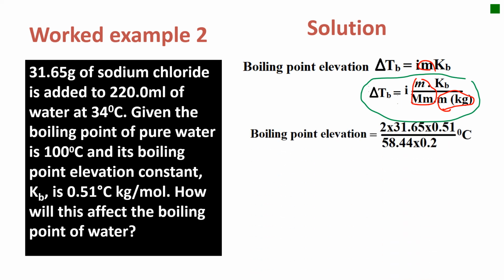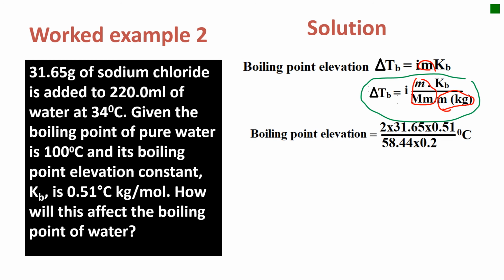Then we can substitute the values into this new formula that we have introduced. For sodium chloride, since it splits into two ions, sodium ion and chloride ion, the Van 't Hoff factor is equal to 2.